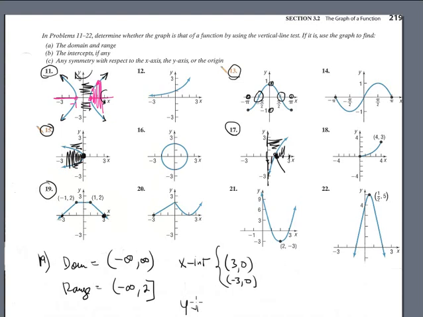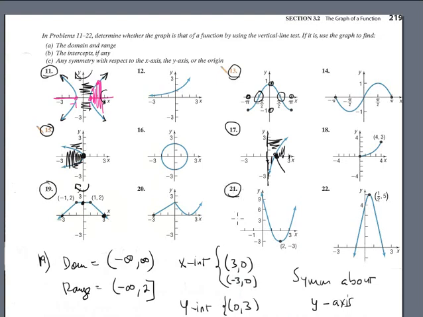The y-intercept obviously is this point, (0, 3). And this is symmetric about the y-axis, because when you rotate here, it stays the same.